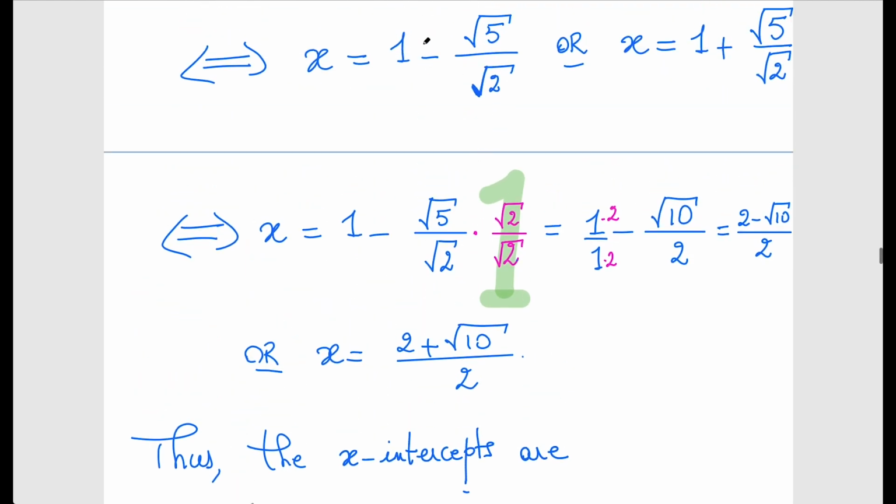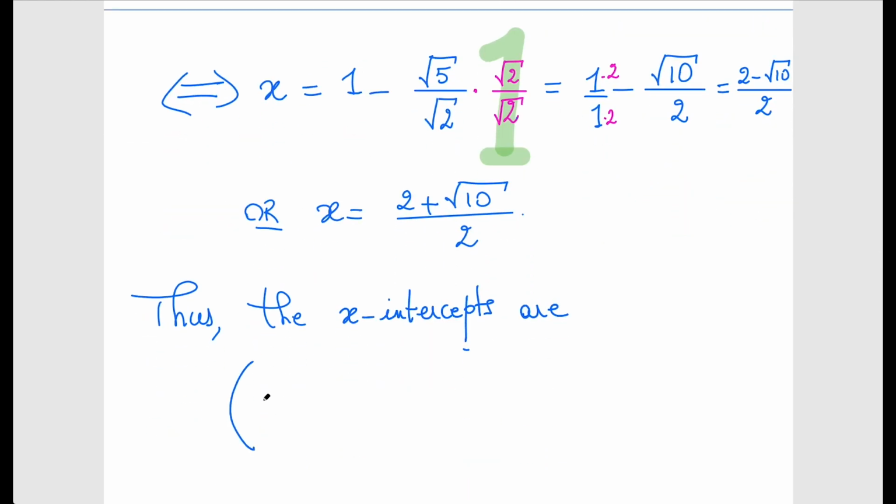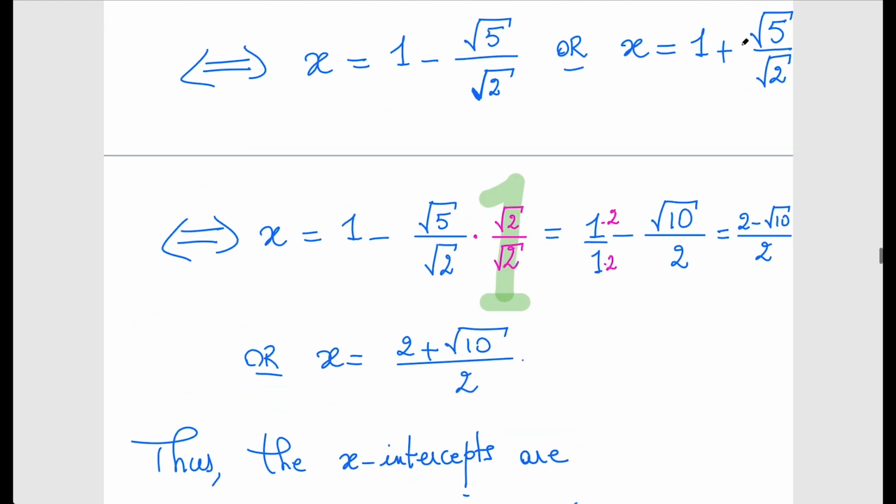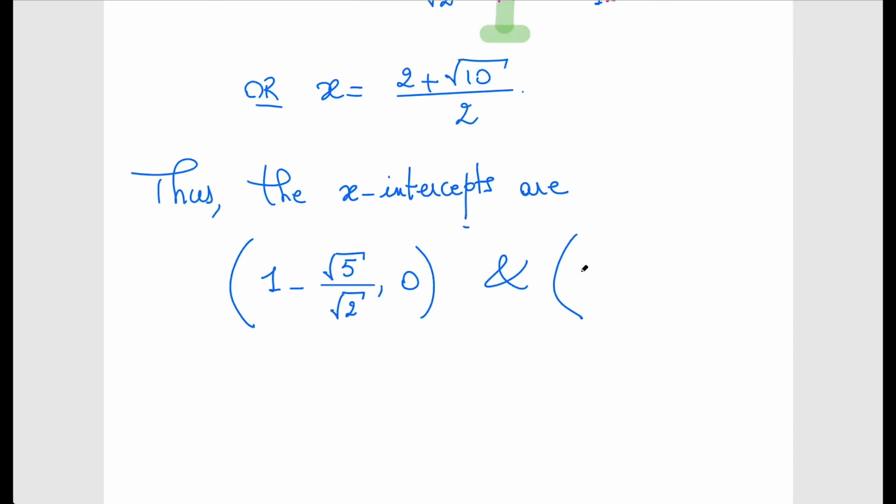Just to make the point, I'm gonna copy those. So 1 minus square root 5 over square root of 2 comma 0, and this guy here, which is 1 plus square root of 5 over square root of 2 comma 0.